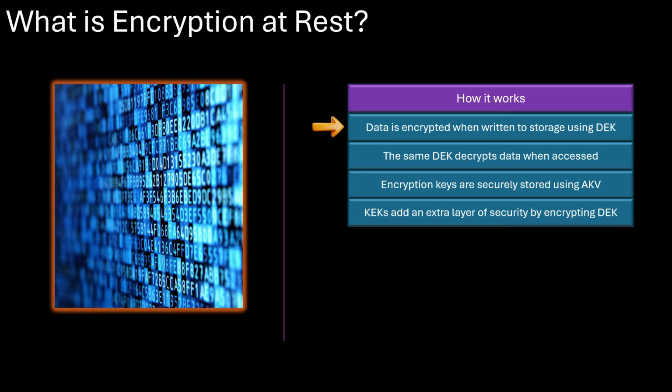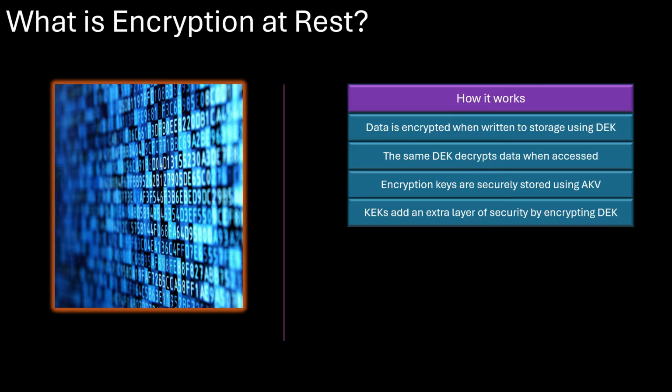Data is encrypted when written to storage using a data encryption key, which is called DEK. The same DEK decrypts data when accessed. Encryption keys are securely stored using Azure Key Vault or Microsoft Managed Keys. And KEK, which is key encryption keys, add an extra layer of security by encrypting DEKs, ensuring controlled access to encryption keys.